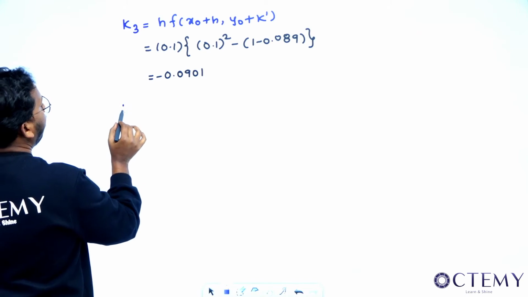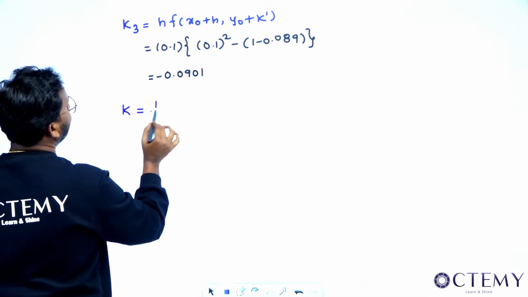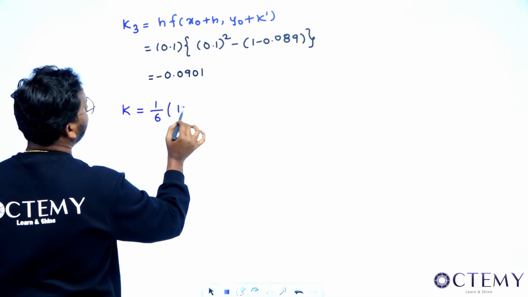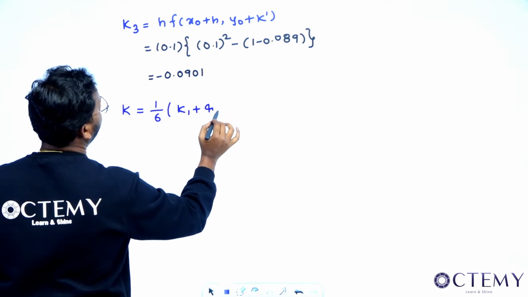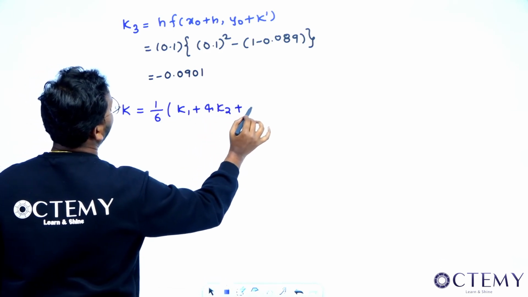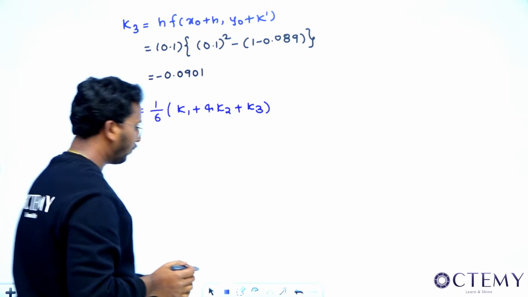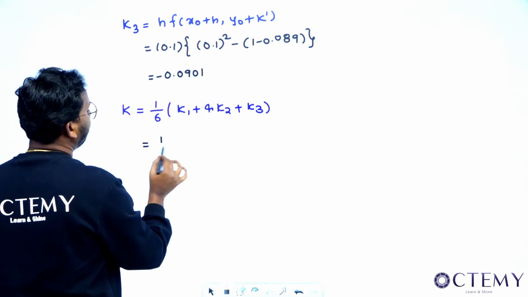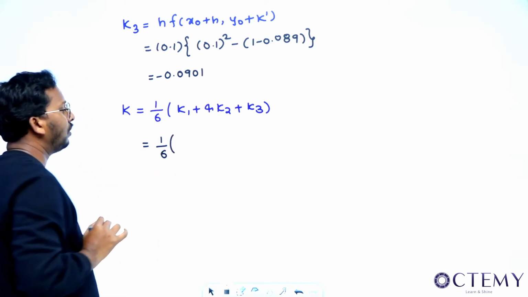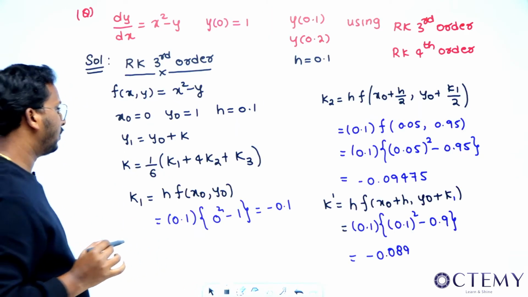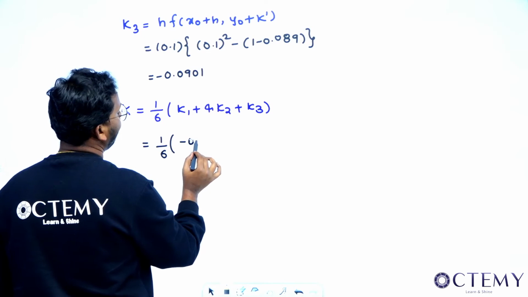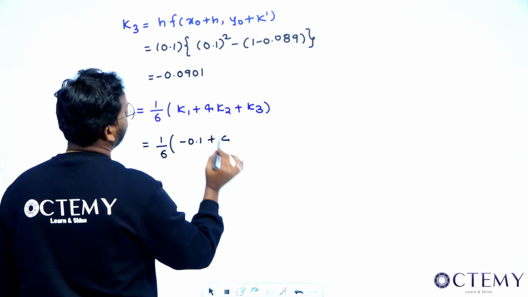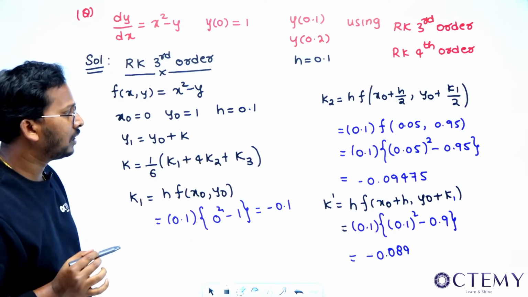The value of k will be 1 by 6 times k1 plus 4 k2 plus k3. So see sir, if you substitute this, this will become 1 by 6 times, what is the k1 value you got? The k1 value is minus 0.1. Minus 0.1 plus 4 times, what is the k2 value we got, sir?